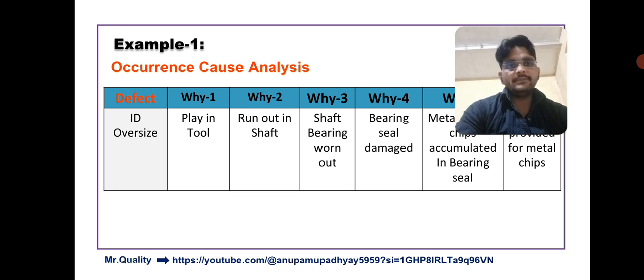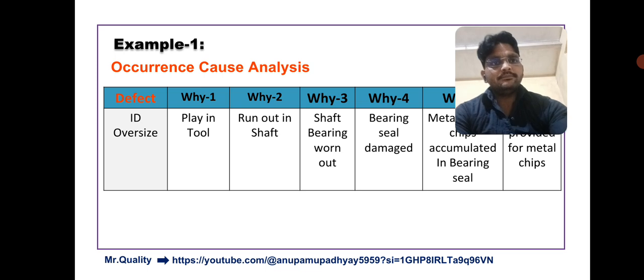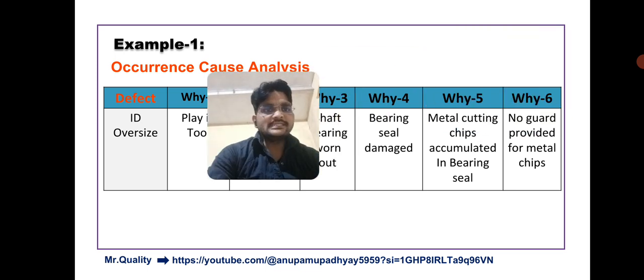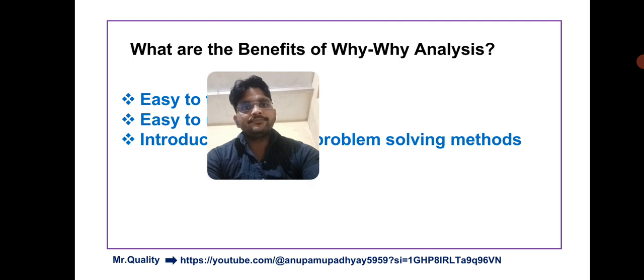Answer is shaft bearing worn out. Why shaft bearing worn out? Because bearing seal damage. Why bearing seal damage? Because metal cutting chips accumulated in bearing seal. Why metal cutting chips accumulated in bearing seal? Answer is no guard provided for metal chips.